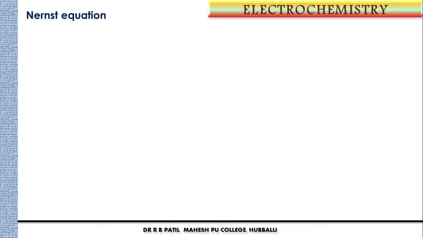He gave one mathematical equation that helps us calculate electrode potential of various half cells at different concentrations and at different temperatures. Hence, the Nernst equation is a mathematical equation that gives the relationship between concentration, temperature and electrode potential.